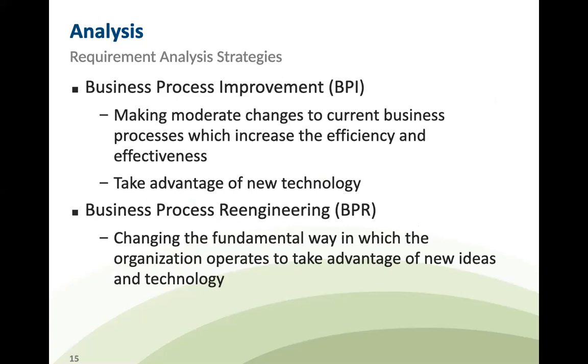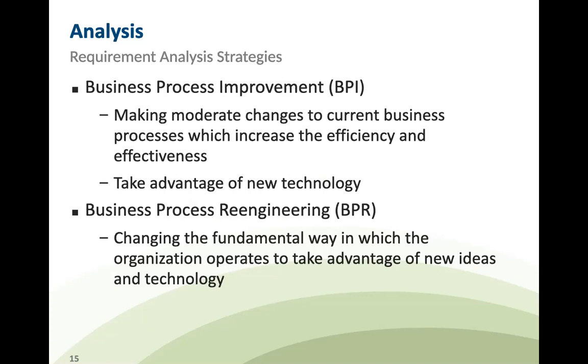Then you have another methodology which is known as business process improvement or BPI. It means making moderate changes to current business processes which increase the efficiency and effectiveness, and take advantage of new technology. So changes will be made to current business processes so that the efficiency and effectiveness can be improved.